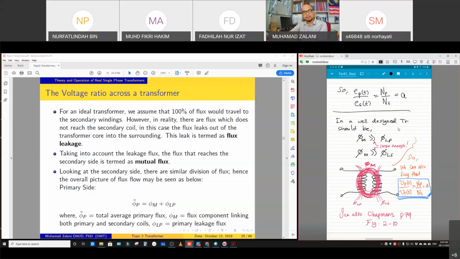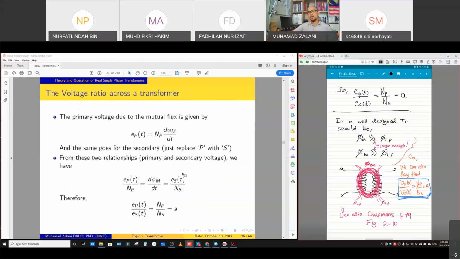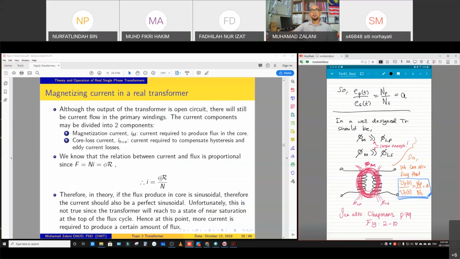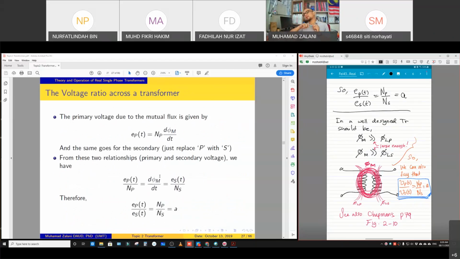So in a well-designed transformer, we can say that most of the flux will be flowing inside the transformer core. Okay, there will be some minimal flux released to the air, out of the core, which is leakage.